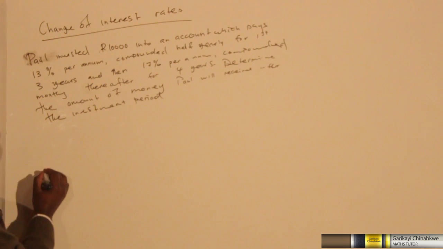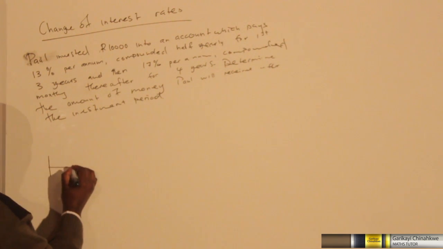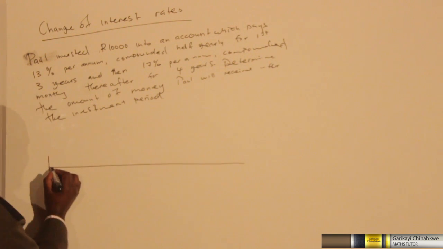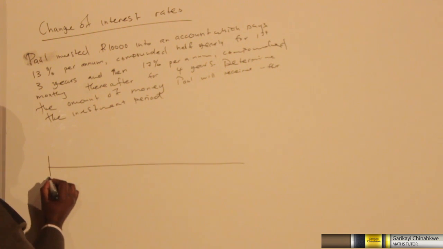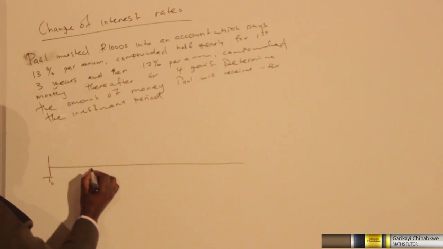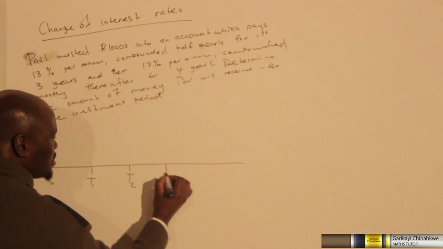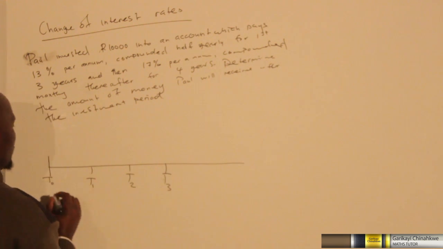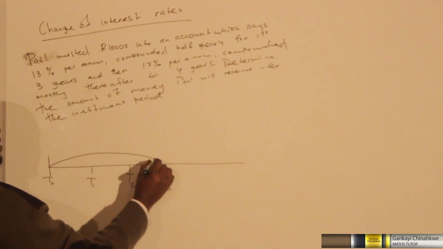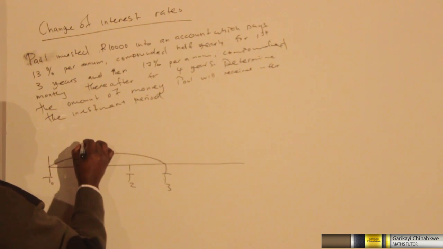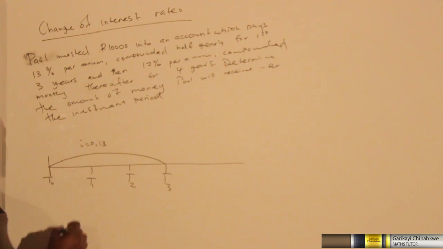In other words, we are going to have a timeline here, whereby for the first 3 years, let's call this T0, T1, T2, T3. For the first 3 years, it's paying i equal to 0.13.